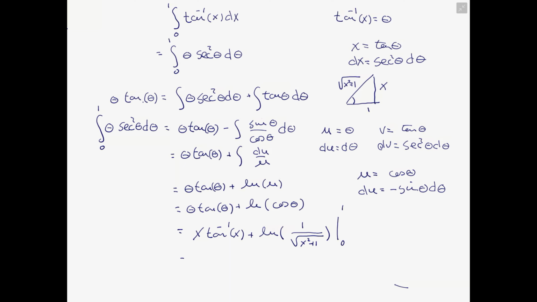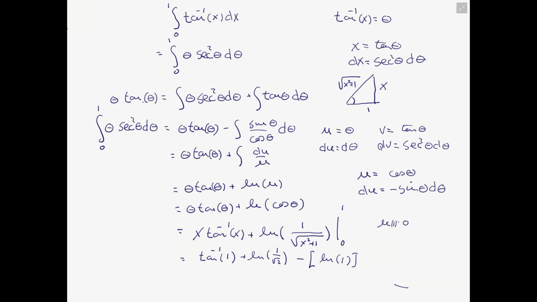So now we have arctan of 1 plus the natural log of, this is 1 plus 1, so 1 over the square root of 2, minus 0, so the first term is 0, and ln 1, which is 0.